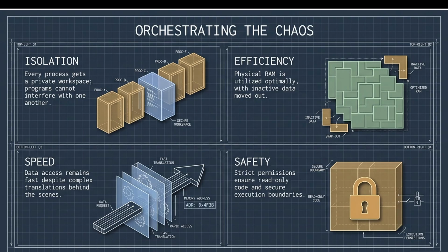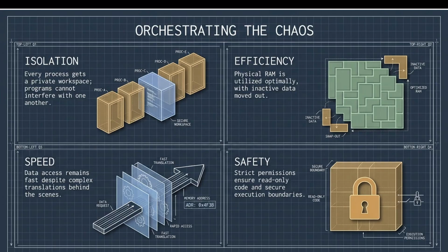So if there is any data which is not required, which is inactive, then it will be moved out so that the data corresponding to the process which needs to be running actively will be sent in within the RAM.